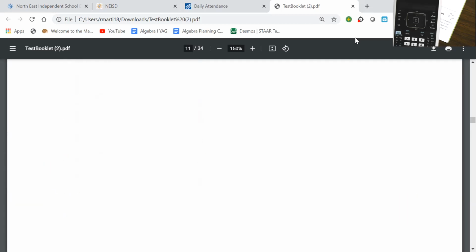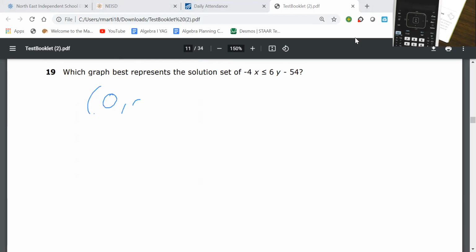Okay, and then the next thing that I do, if I'm doing an inequality without a calculator, I plug in the origin for X and Y. The origin is 0, 0. So I plug in 0 for X. So you have negative 4 times 0 is less than or equal to 6 times 0 minus 54.